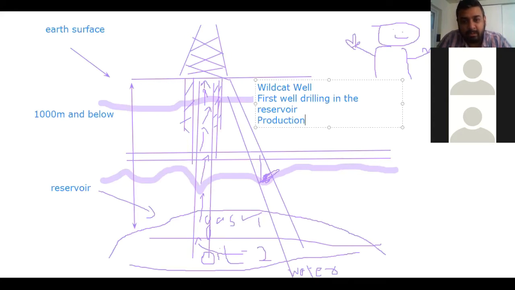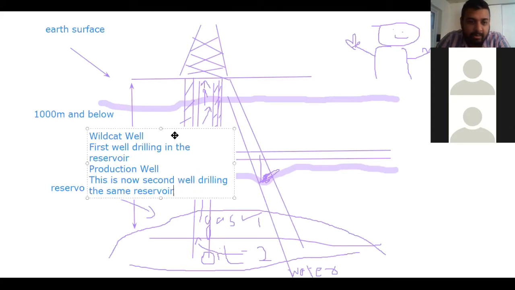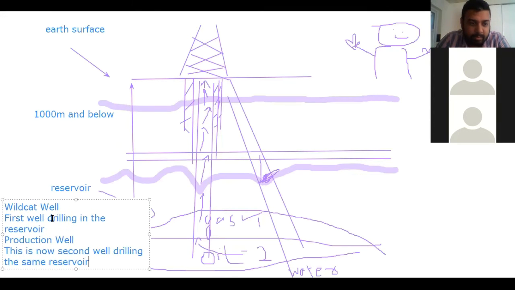Now another kind of well is the production well. This is now the second well drilled in the same reservoir. Now, for example, this well is called the Wildcat well.